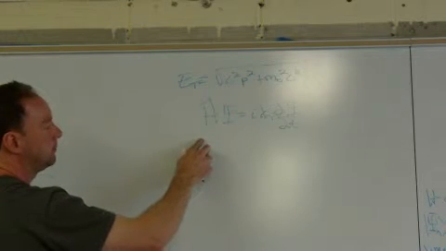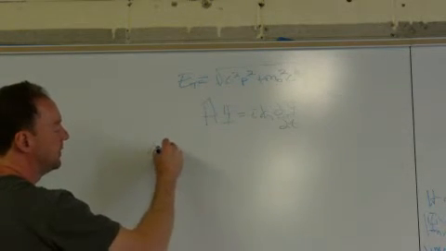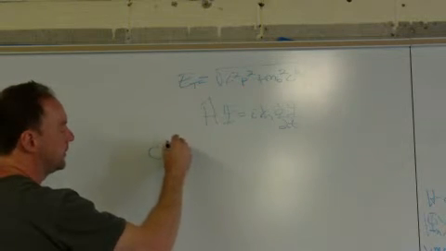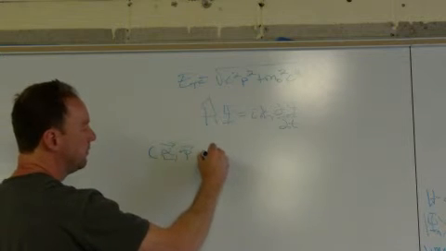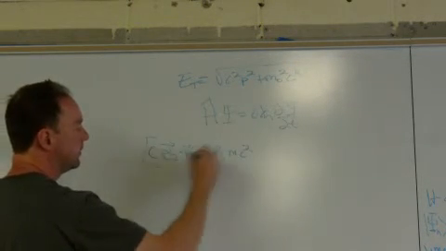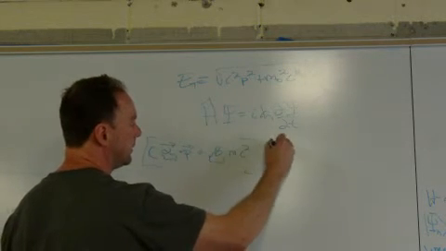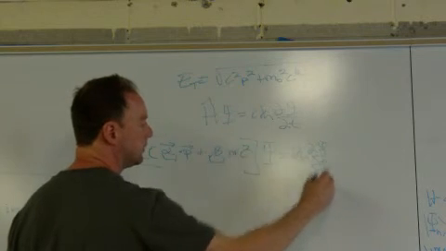So what happened is Dirac forced this Hamiltonian to look something like this: c alpha matrix dot p plus beta matrix m c squared, times psi, equals i h-bar partial psi with respect to t.